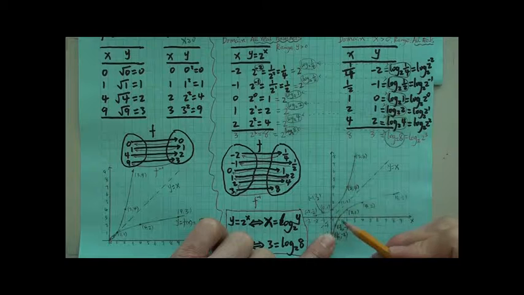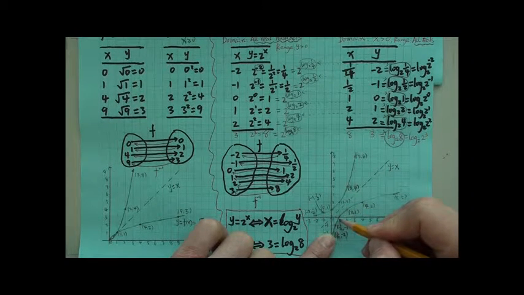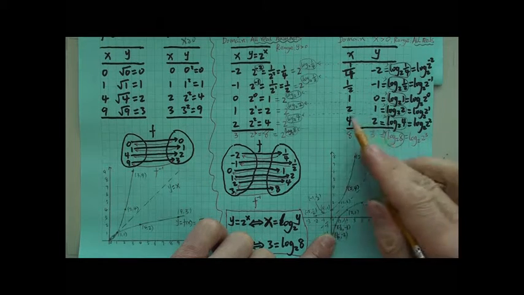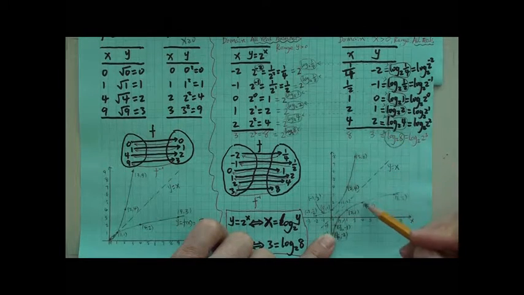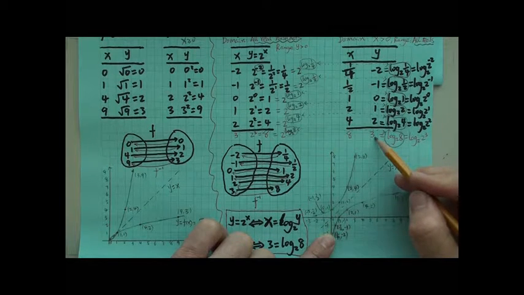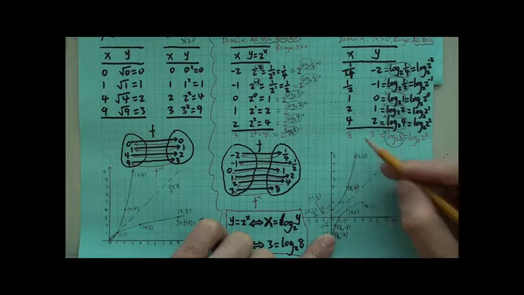1, 0. 1, 0 is right here. Let me put 1, 0 here. 2, 1. So 2, 1. 4, 2. So 1, 2, 3, 4, 2 right here. 3, 8. Then you have an 8, 3.